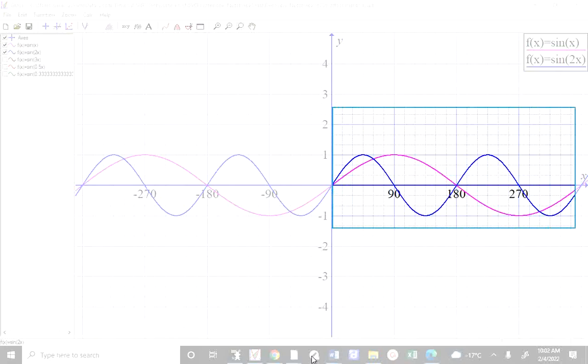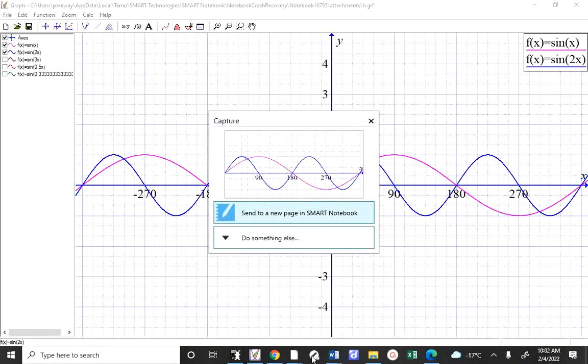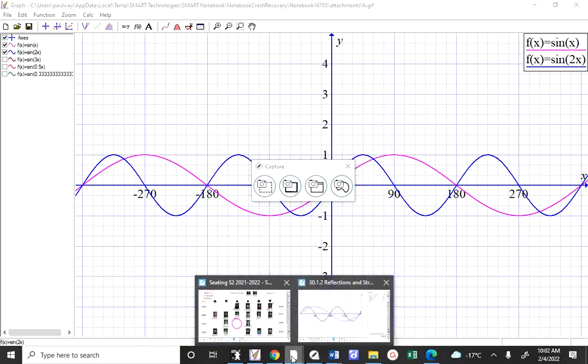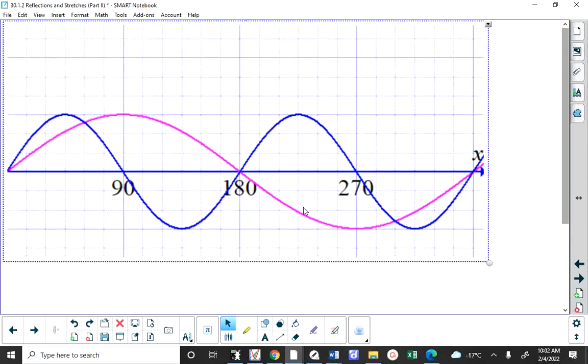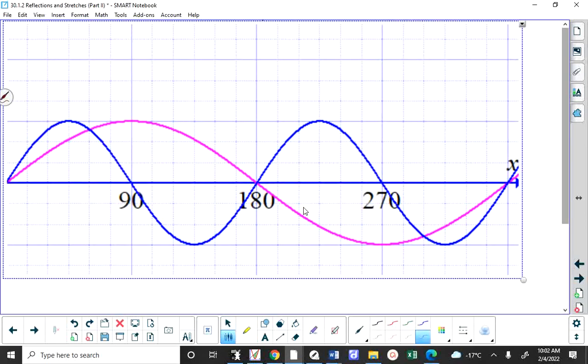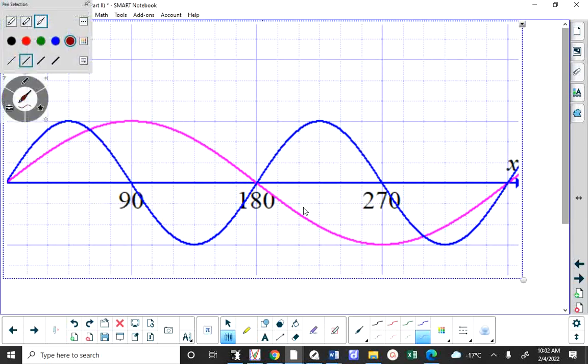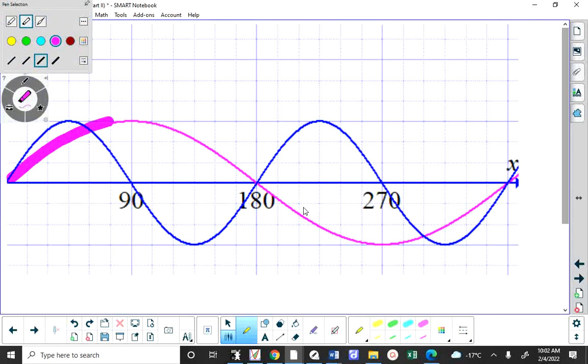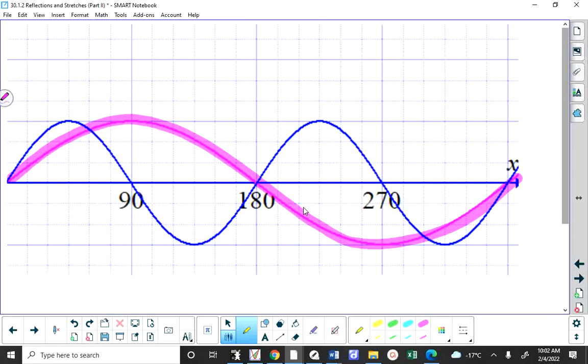If I just look at this side of the graph, and highlight the original graph, I guess I'll highlight it in magenta. Here is the original graph. It goes through one complete cycle, and for those of you that have taken Physics 20, that's like one wavelength. But how many of you have taken Physics 20? Few. It's like a wavelength. That's how long it takes to repeat.